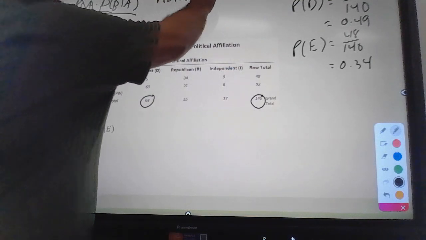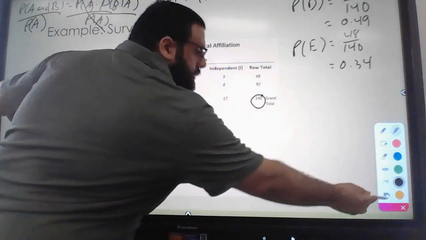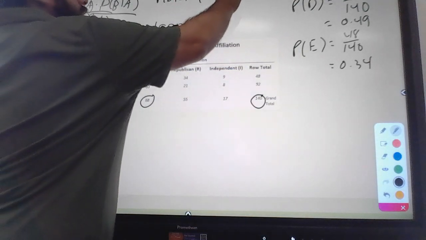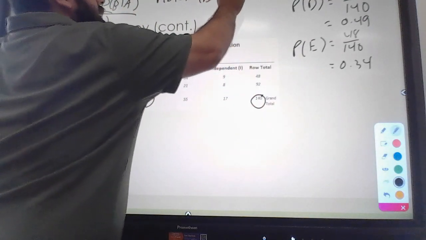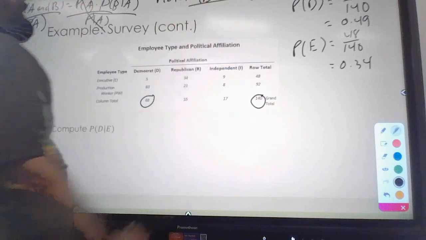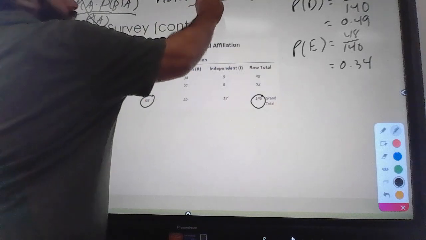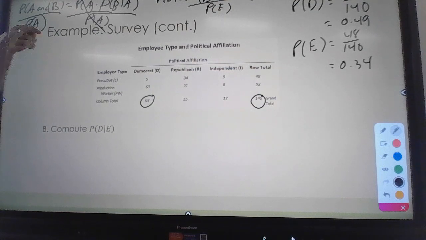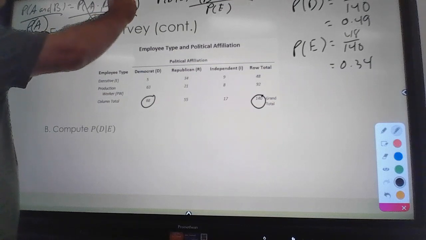So what I'm really doing is calculating the probability of D and E divided by the probability of E, because that's what I'm looking for.